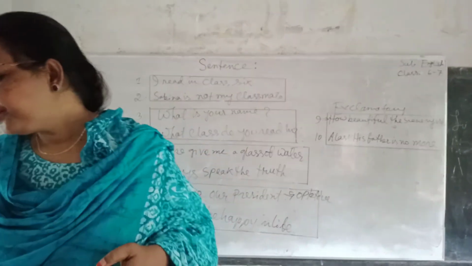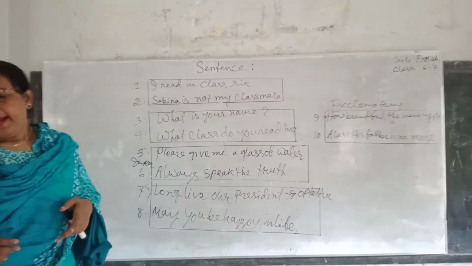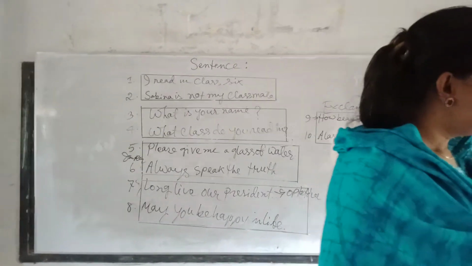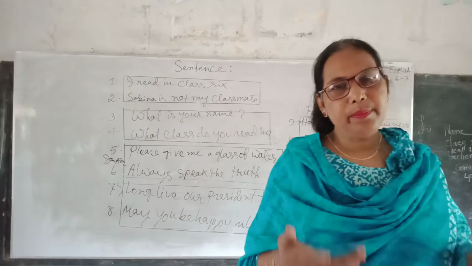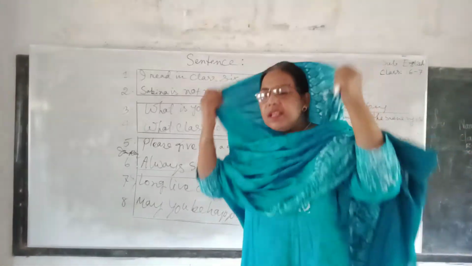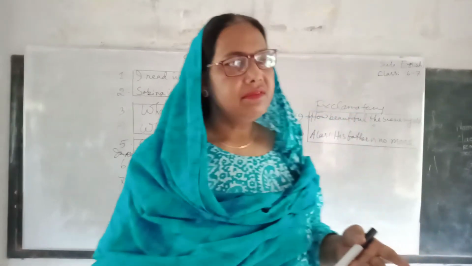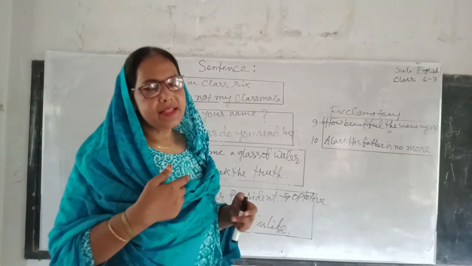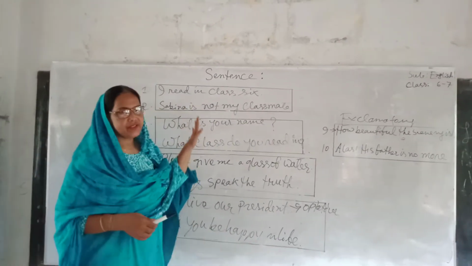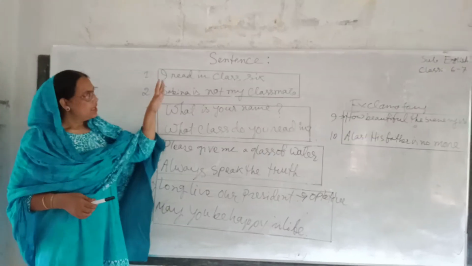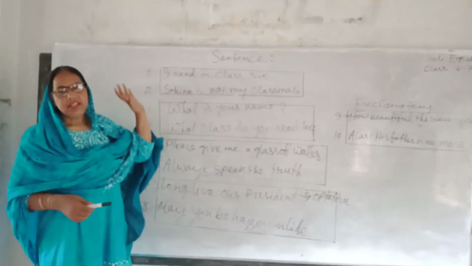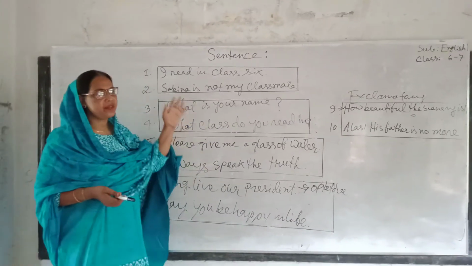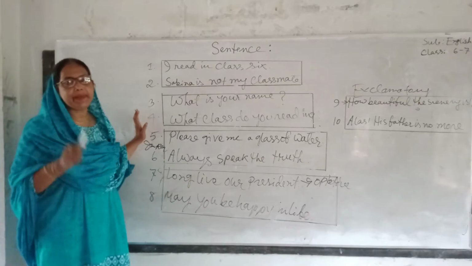Dear student, I hope you understood very carefully what I proposed. If you have any query, if you fail to understand, or if you have any drawback, please ask me any question about the five kinds of sentences: assertive, interrogative, imperative, optative and exclamatory.